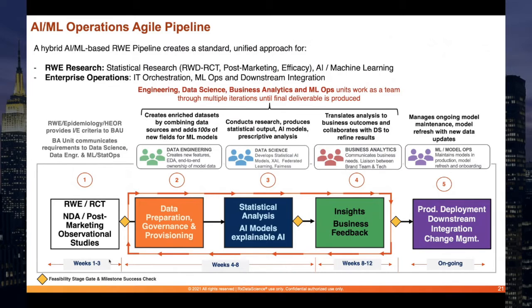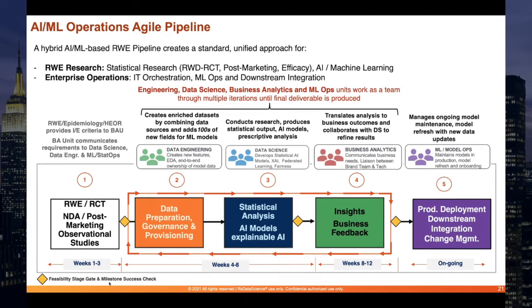So now, if you have this data management platform and everything set up, there's also a need to have an agile operational framework. It's not just enough to have the technology in place. We talk a lot about the agile software development lifecycle, but we also need an agile operational lifecycle.